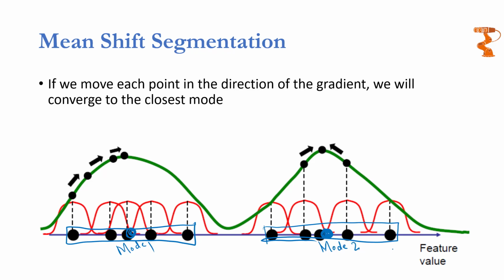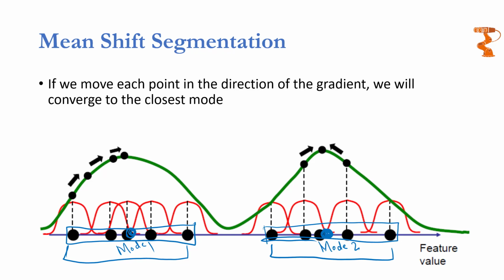So these 5 points will be assigned mode 2 or category 2, and these 5 points will be assigned mode 1 or category 1. I hope you have understood how these data points are being categorized into different categories.